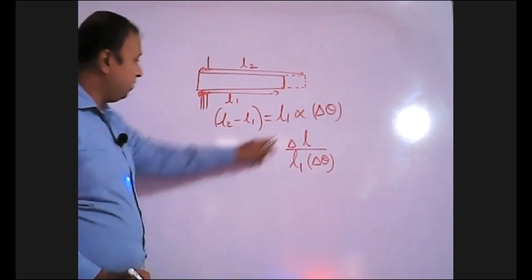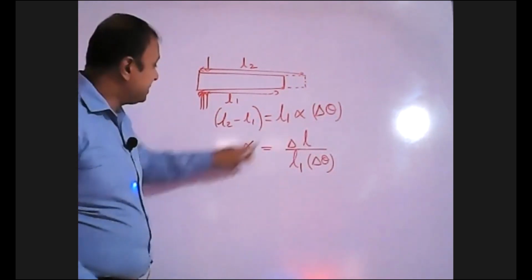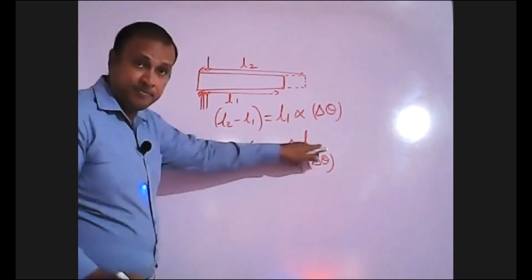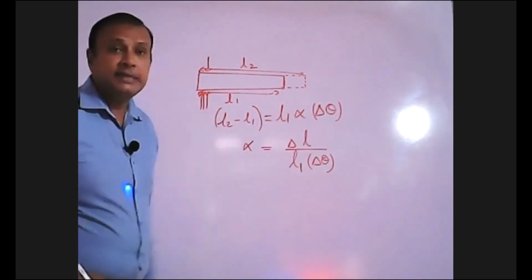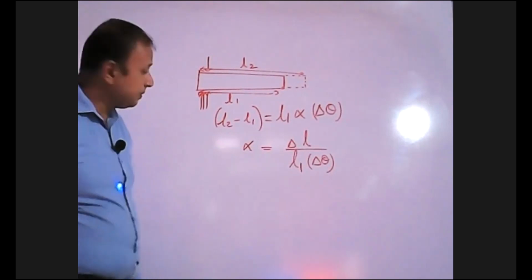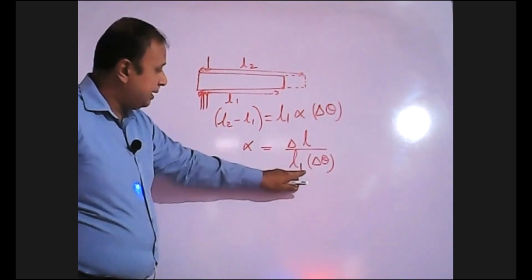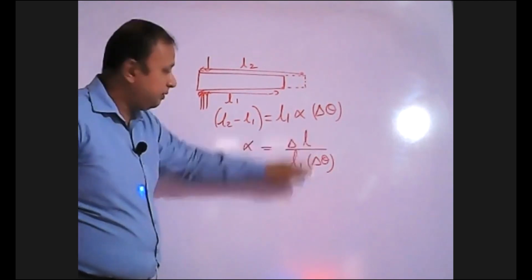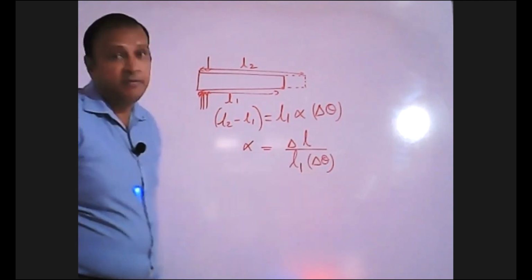If I rearrange this, I can write it as the difference in length over the temperature difference. Length is measured in meters, so meter to meter will be cancelled out. But there is a unit for temperature difference.